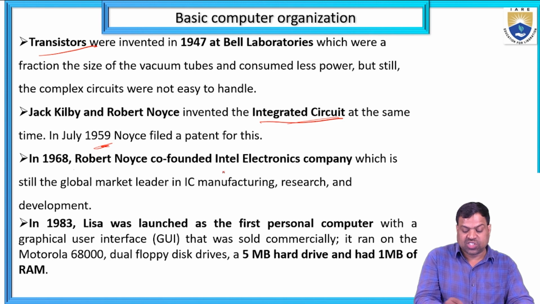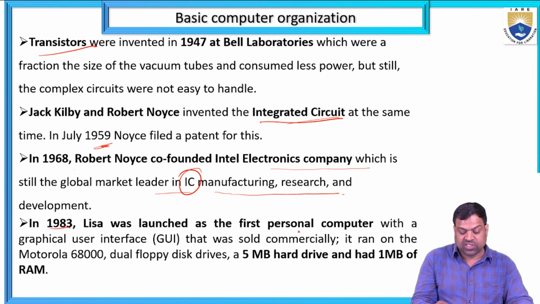In 1968, Intel was founded, and it is still a global market leader in IC manufacturing, research and development. In 1983, Lisa was launched as the first personal computer with a graphical user interface, GUI. It was sold commercially and ran on the Motorola 68000, with a dual floppy disk drive, a 5 MB hard drive, and 1 MB of RAM.